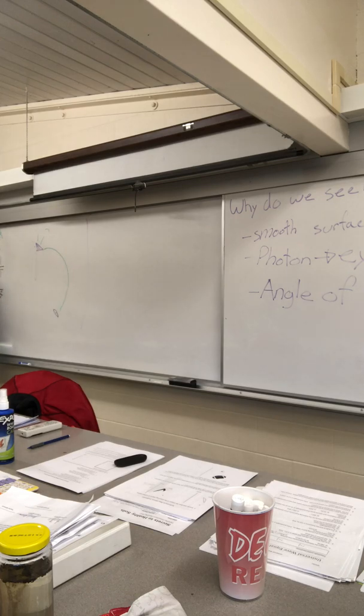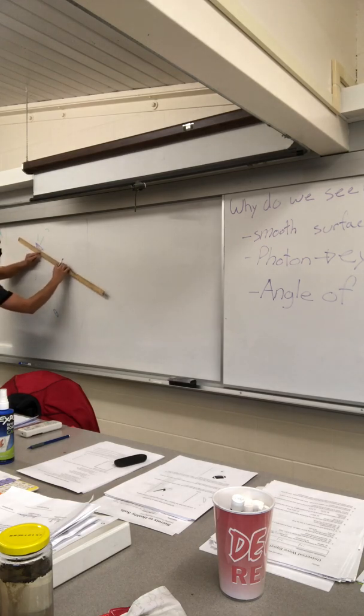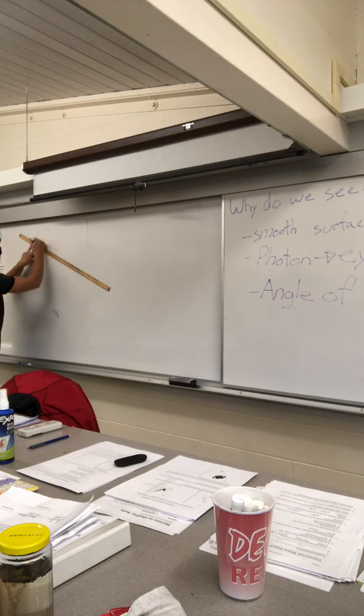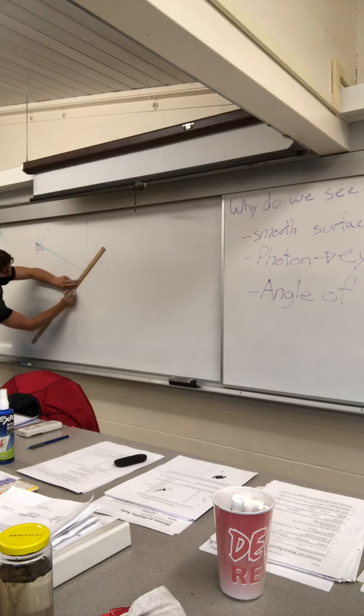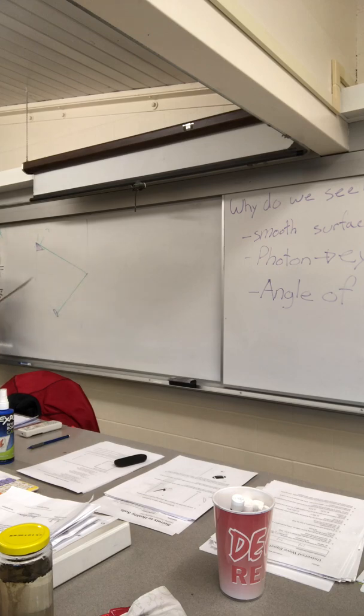That's not how light works. It travels in straight lines. So it has to hit off this exact spot on the mirror and come off at the same angle. So it's probably something like that, and it's going to come and hit his eye at the same angle.